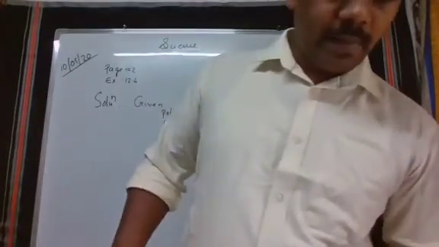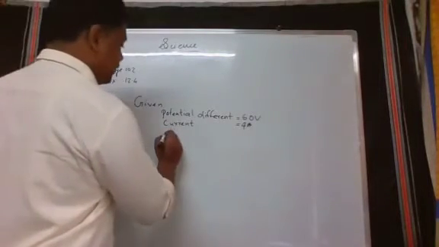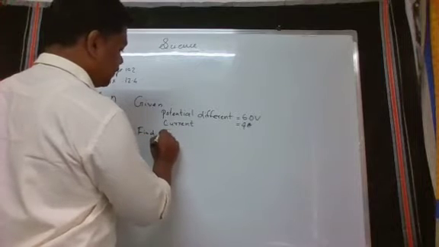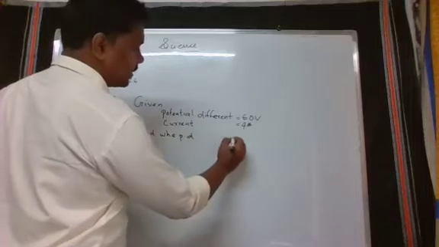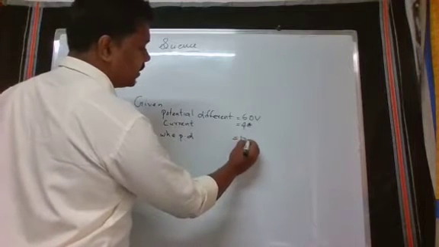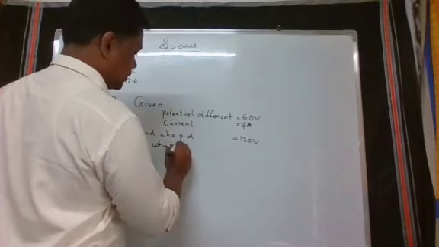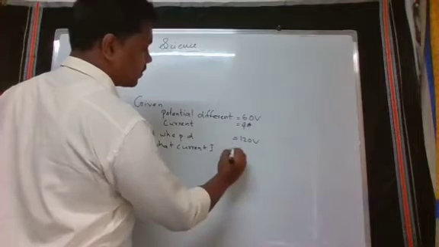Current 4 ampere. Then what do we want to find? We want to find, when potential difference V is equal to 120 volts, what is current? I is equal to what?